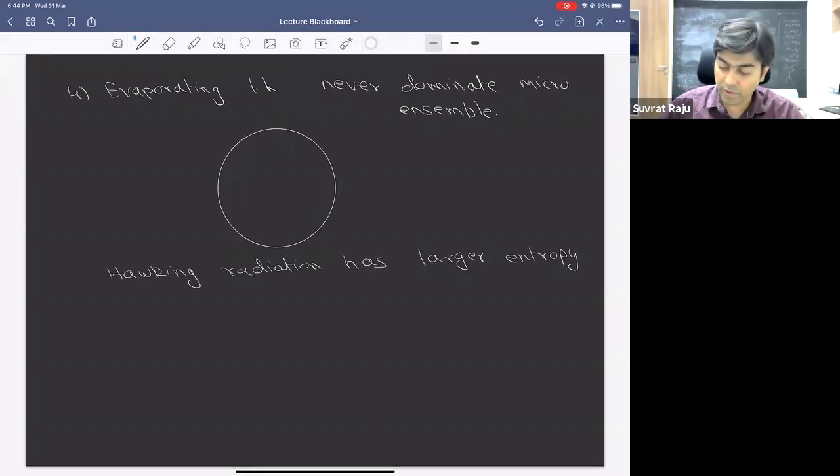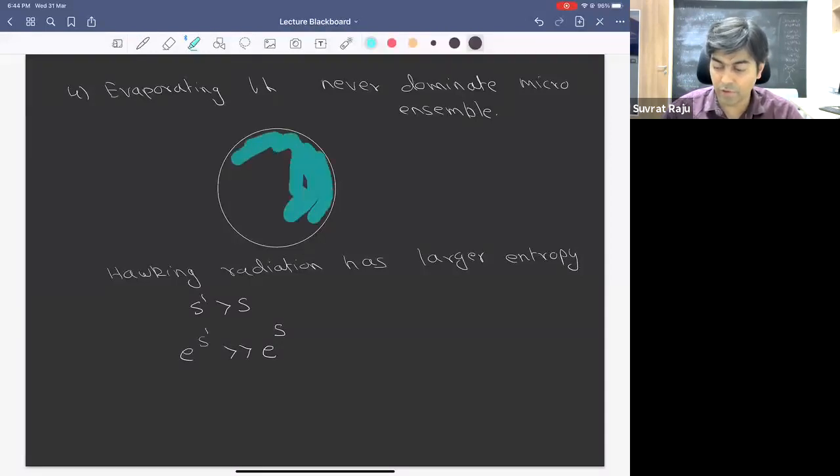But the point is that 20% is still a huge number, because it means that e to the S prime is much, much larger than e to the S. So evaporating black holes never dominate the ensemble at a fixed energy, because the Hawking radiation at the same energy has a larger entropy. In fact, that is the reason evaporating black holes evaporate. It's because they have negative specific heat, and it's thermodynamically favored for them to evaporate.